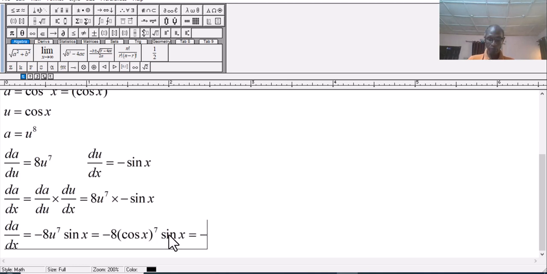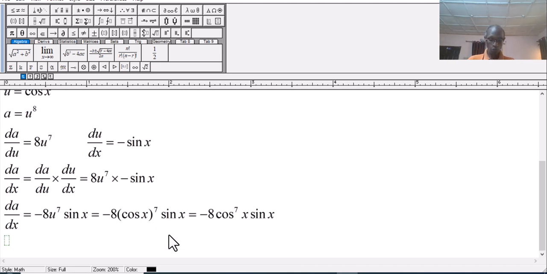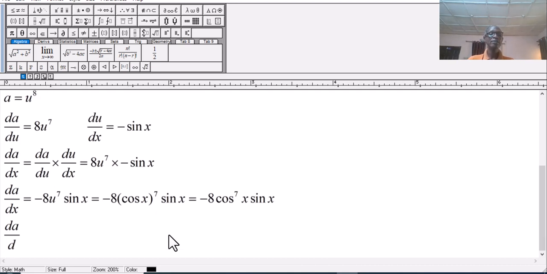It will now be minus 8 cos to the power of 7 x sine x.